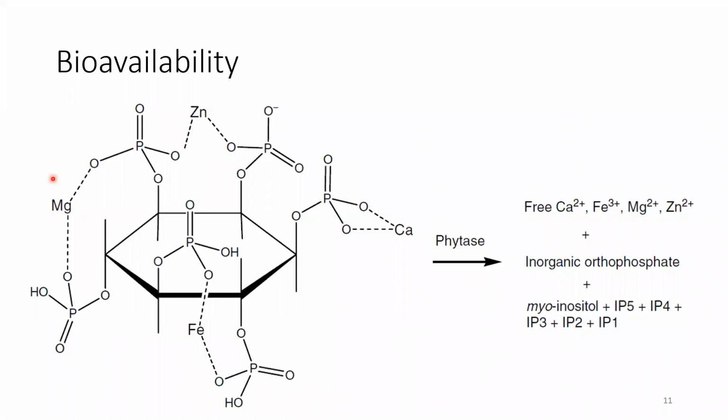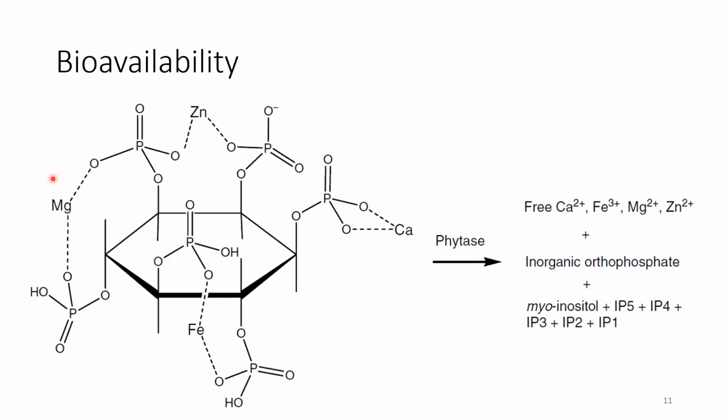And so if we have that long fermentation time for making bread, this phytic acid is going to be degraded and those elements are going to be released. If we took that wheat and instead just boiled it right away, that wouldn't happen. But if we had that long fermentation time.